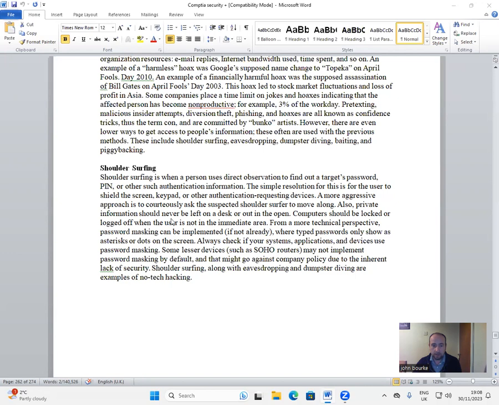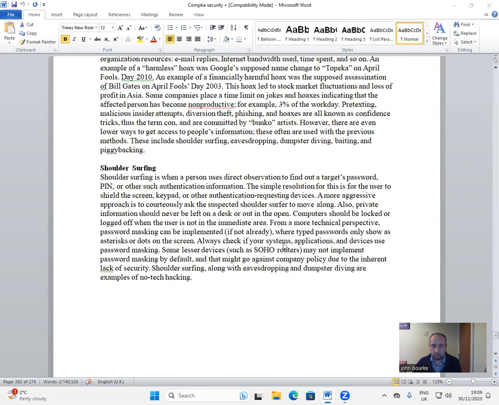Also, private information should never be left on a desk or out in the open. Computers should be locked or logged off when the user is not in the immediate area. From a more technical perspective, password masking can be implemented if not already, where typed passwords only show as asterisks and dots on the screen.